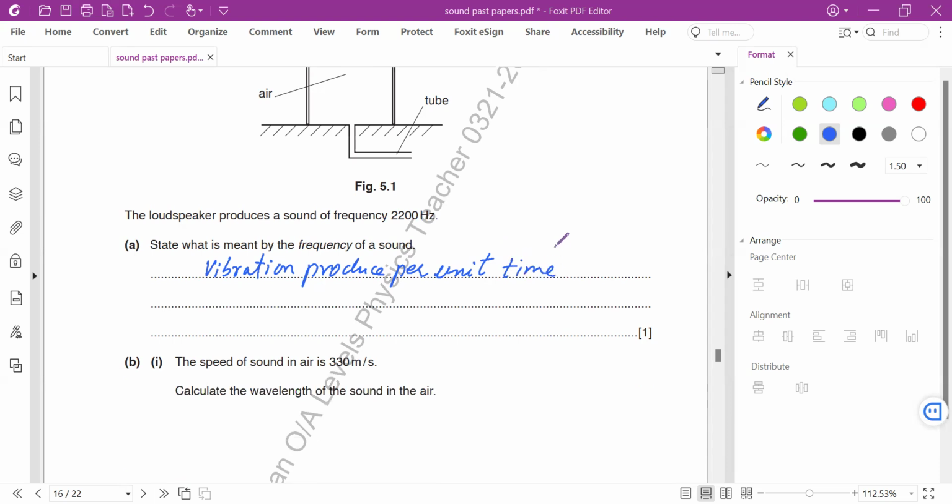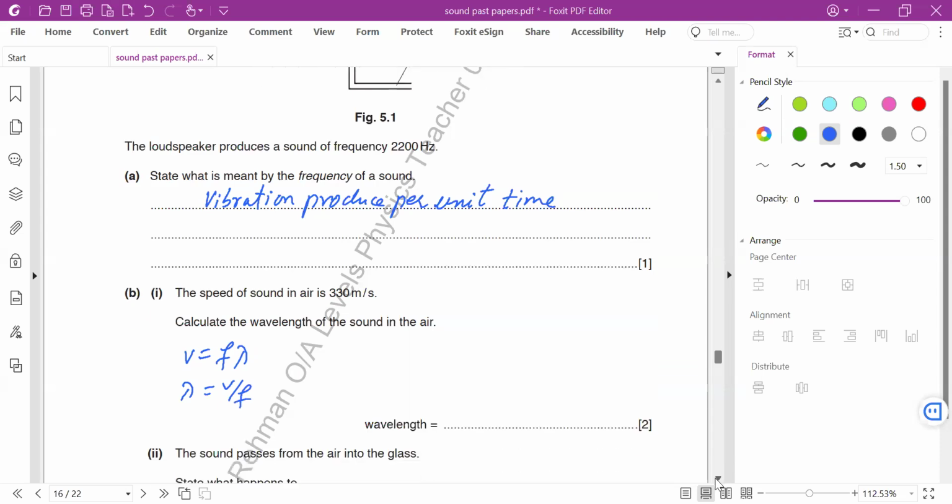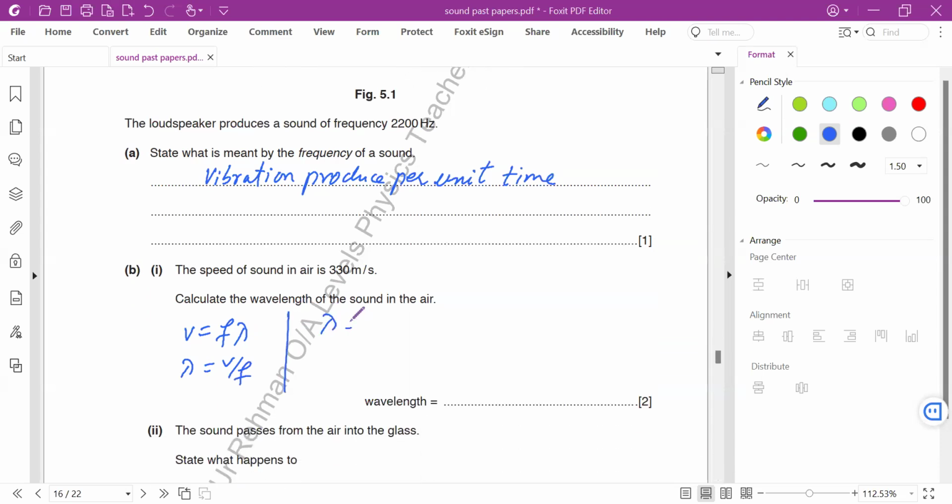The speed of sound is given; calculate the wavelength. v is equal to f lambda, so lambda is equal to v divided by f. Lambda is equal to v, which is 330, divided by f, which is 2200. So that is 0.15 meter.